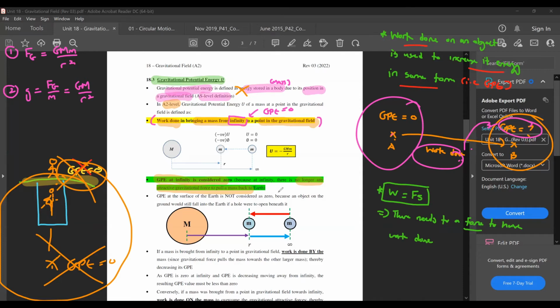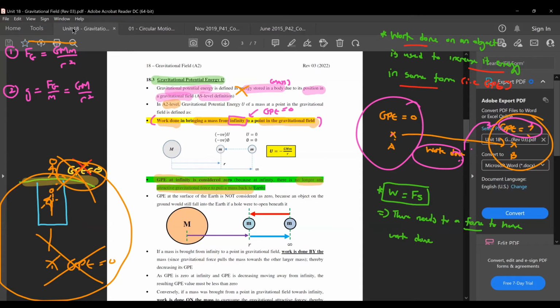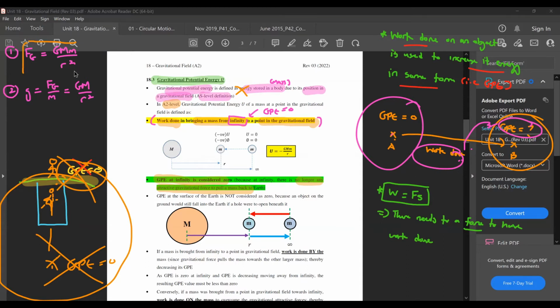So here, if you recall that Fg is GMm over r squared, what happens if r is at infinity?